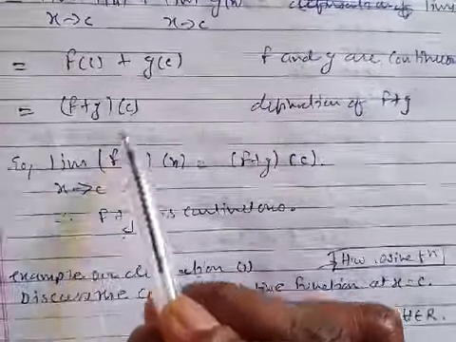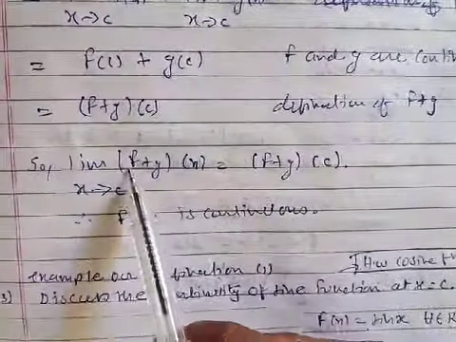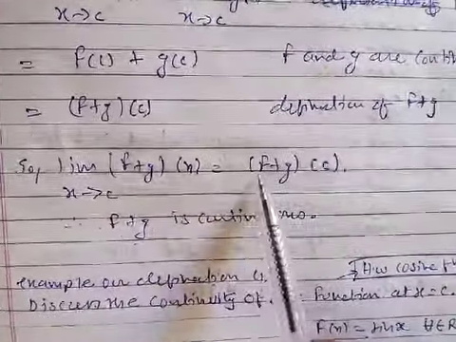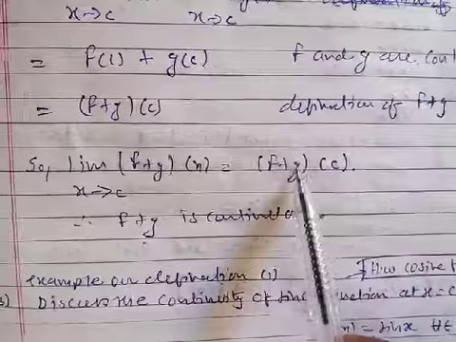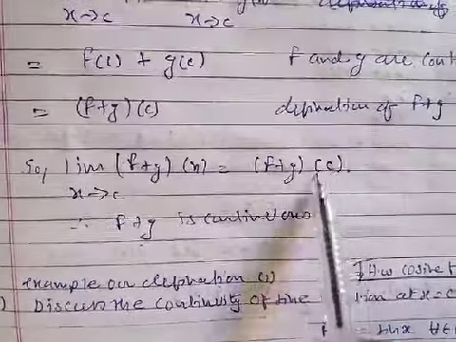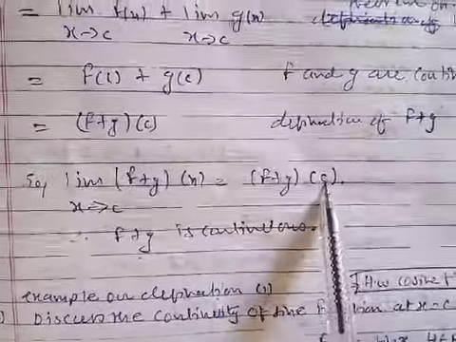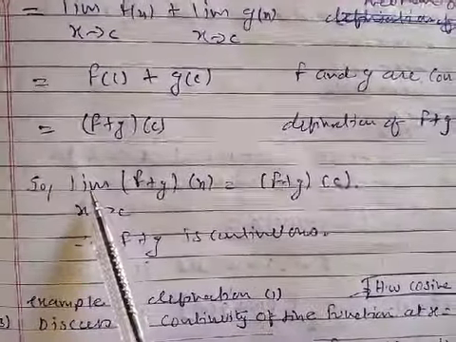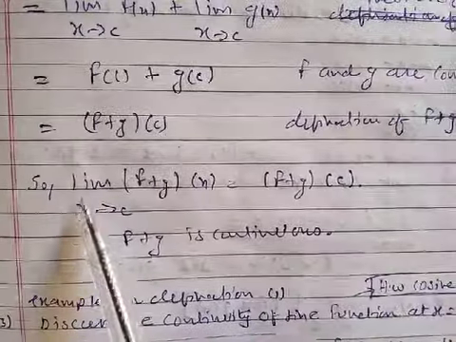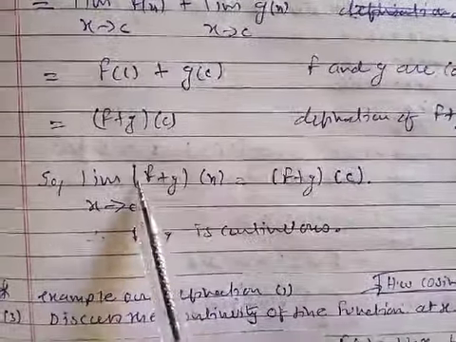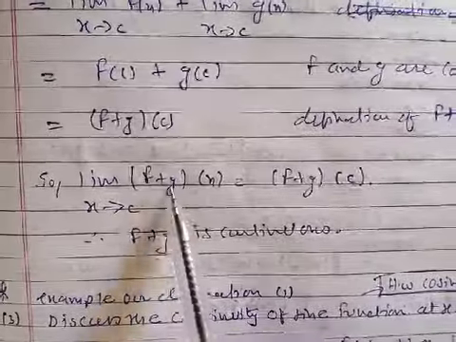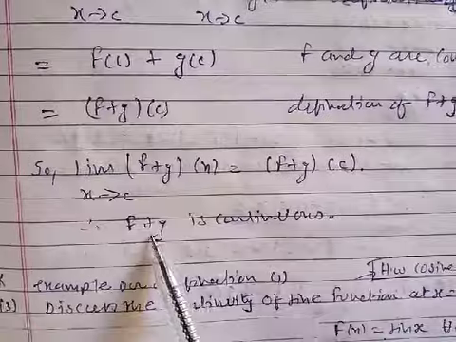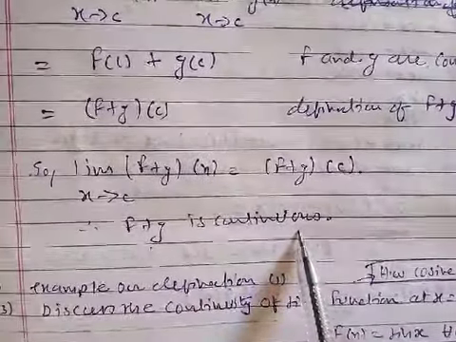So we proved that the limit x tends to c of (f plus g) of x is equal to (f plus g) of c, which is a constant. So according to the first definition of continuity, limit x tends to c of (f plus g) of x is equal to (f plus g) of c, and therefore f plus g is continuous at x equals c.